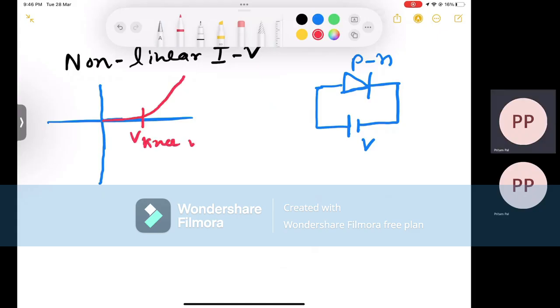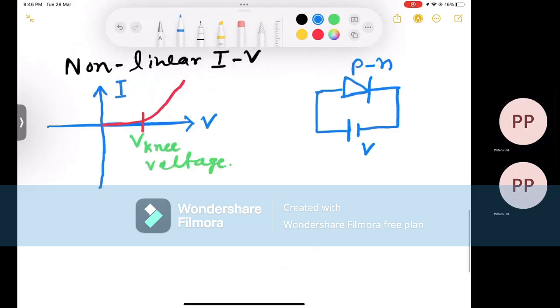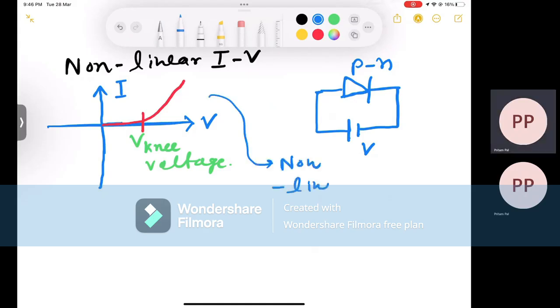After this point, the current increases non-linearly. That is why it's called non-linear IV.